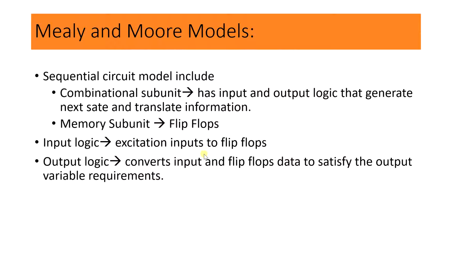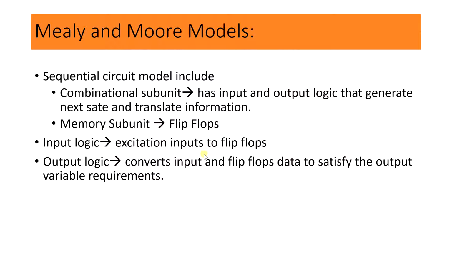The memory subunits consist of flip-flops, which update the circuit status information, and the input logic and the output logic consist of combinational circuits which are used to generate the next state and translate the input and the flip-flop output information.